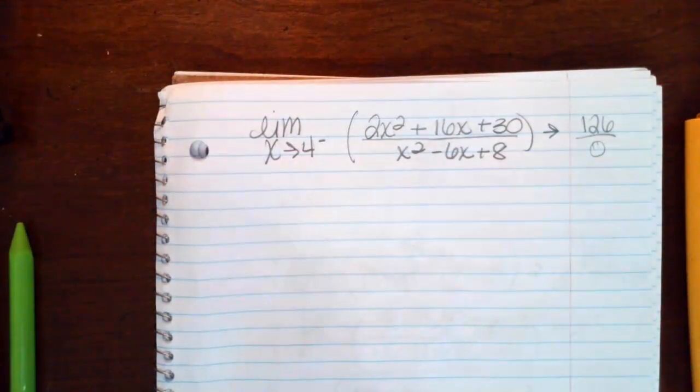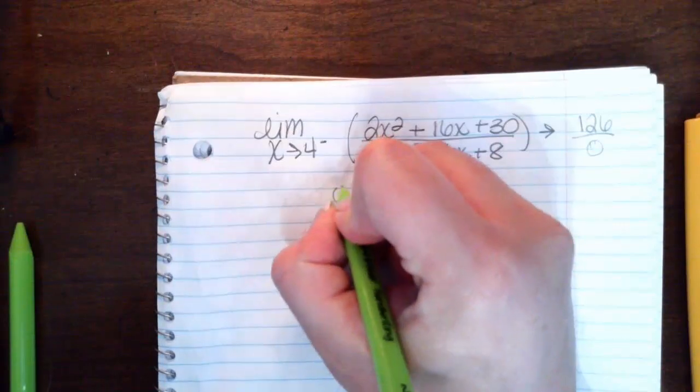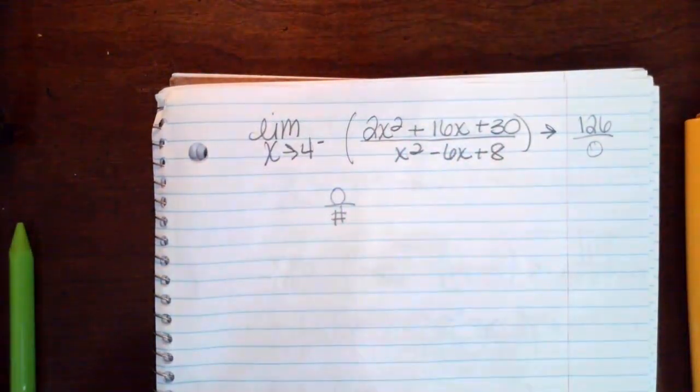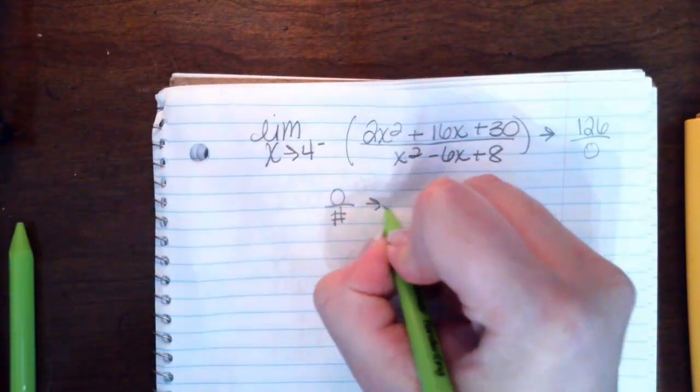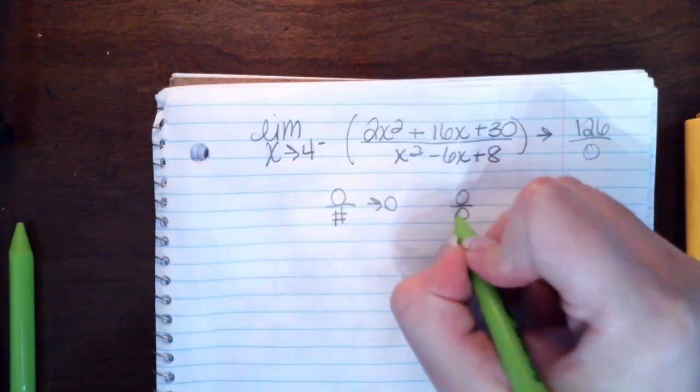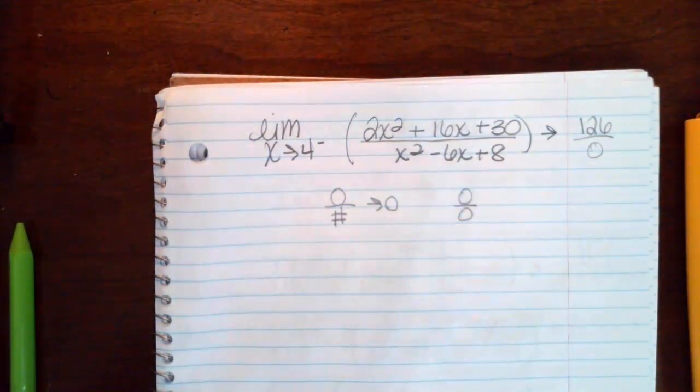So now we've learned something else. If I had a 0 for the numerator and any other number for the denominator, my answer would be 0. Okay? If I have 0 over 0, it's indeterminate and I've got to do some work.